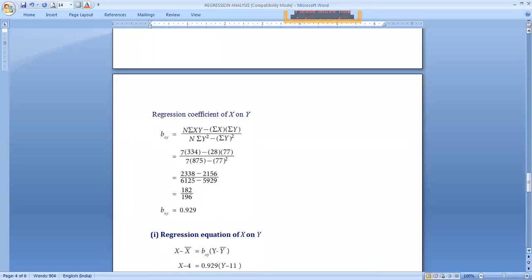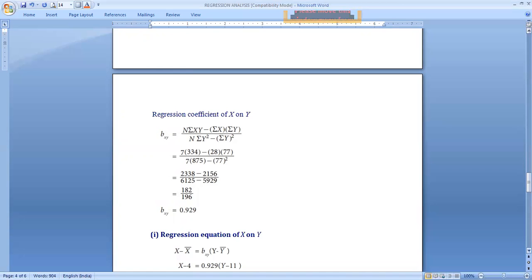Now next, the regression coefficient of x on y. So now we will find out the two regression coefficients. One is bxy and one is byx. The regression coefficient of x on y, bxy, is given by this formula: n into summation xy minus summation x into summation y, upon n into summation y square minus summation y whole square.